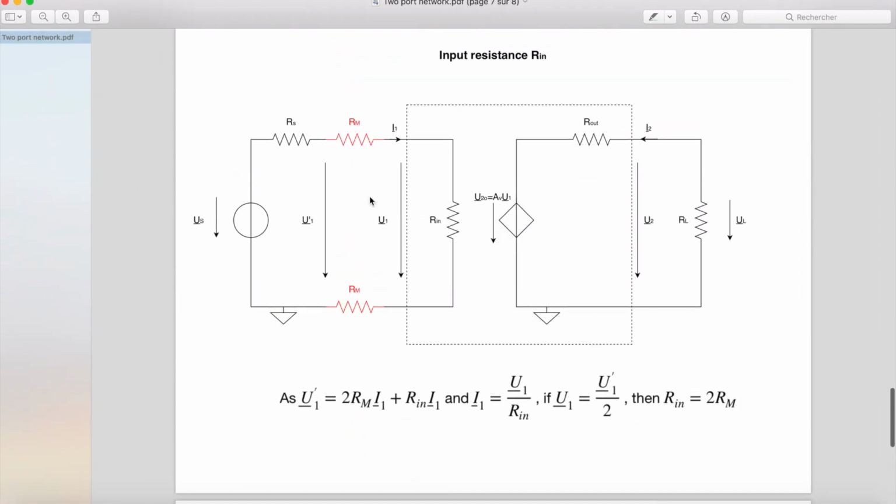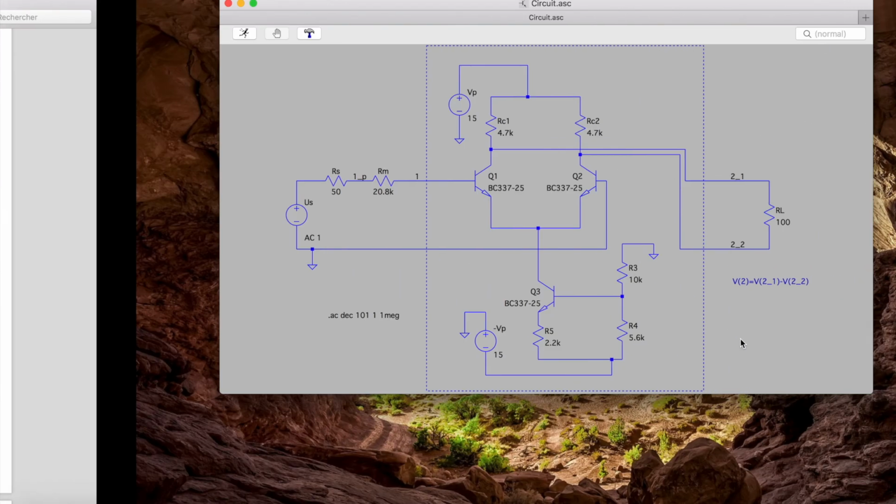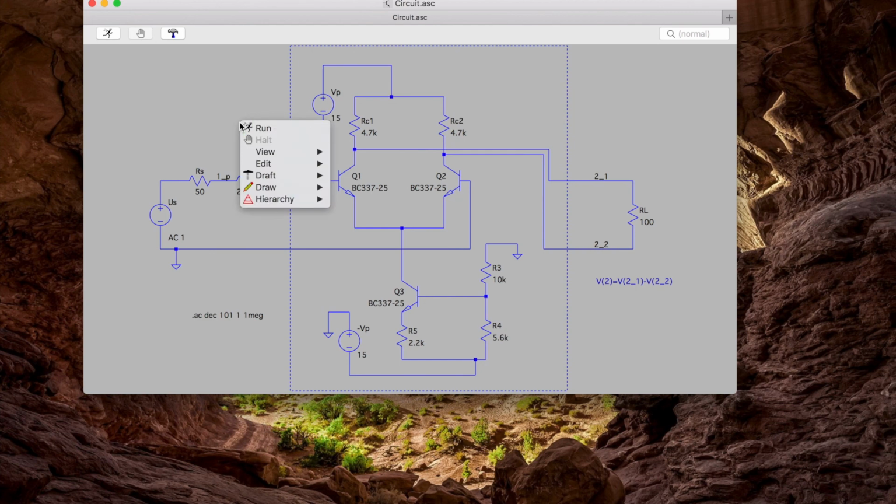But now, we can use both formulas here, then combine them, and here if U1 is equal to U1 prime divided by 2, then Rin should be equal to 2 times Rm. So let's try this.